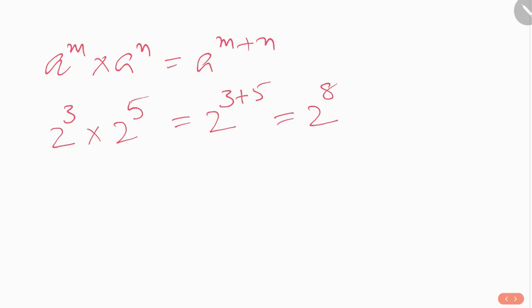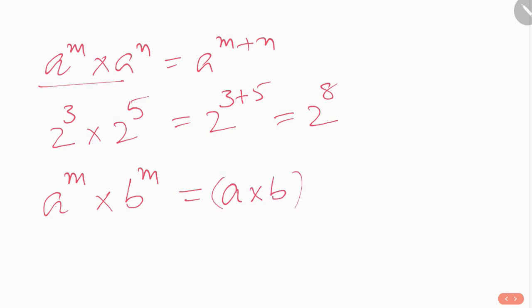Now another one: a power m into b power m. Don't confuse here. In the first one, both the bases are equal, powers are different. But coming to this law, bases are different and powers are the same. At this time, how can we multiply? We have to multiply the bases and take the power, which is the same, only one m.